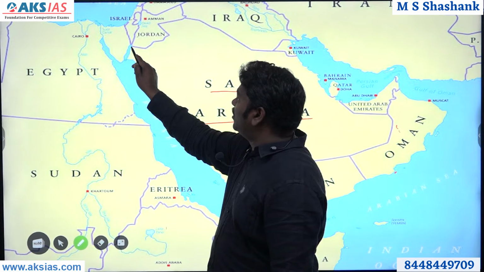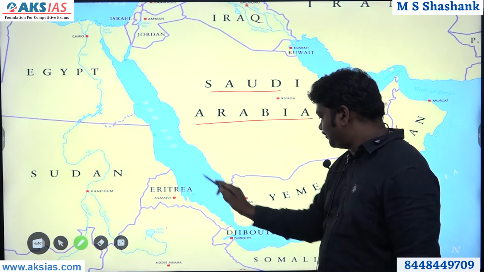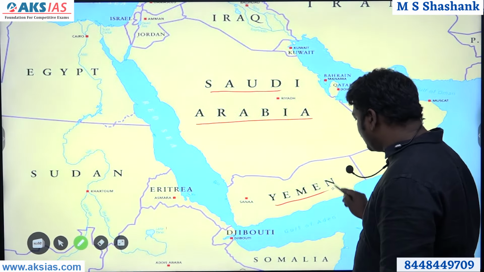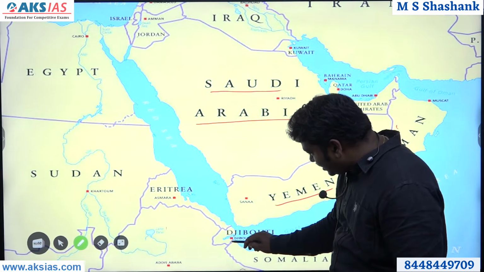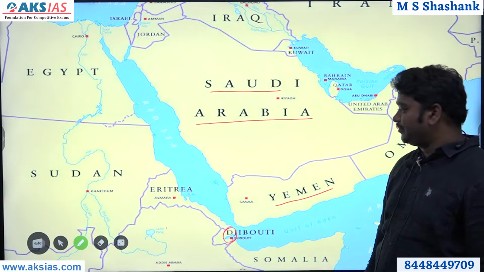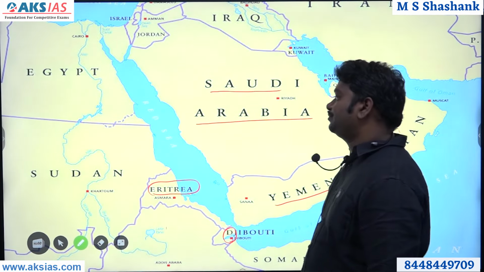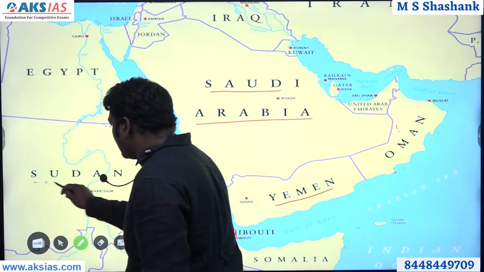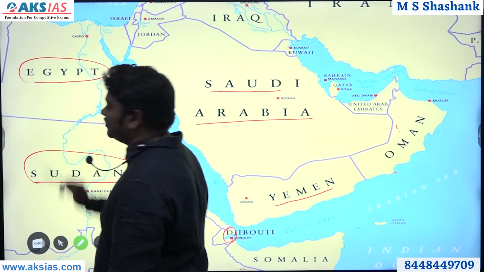Jordan doesn't have a direct border, but Saudi Arabia has border. Yemen has border. Djibouti, can you all check? Djibouti, this particular place has border. Eritrea has border. Sudan has border. Egypt has border.